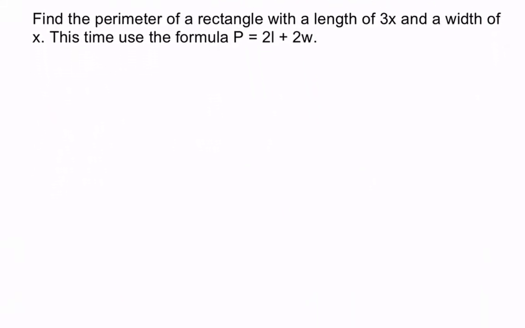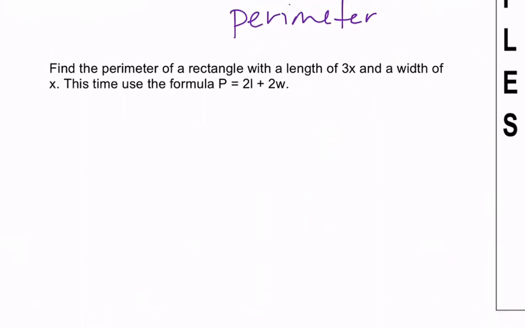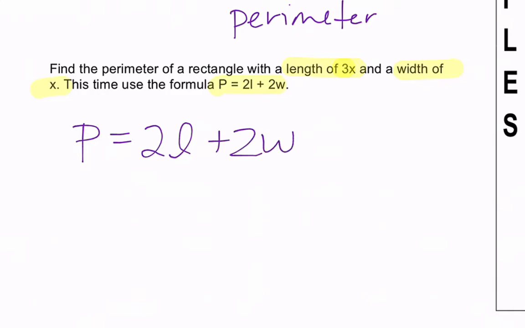All right, last one. Same idea. It's asking me to use the formula. Perimeter equals 2 lengths plus 2 widths. It's telling me that the length is 3x, and it's telling me that the width is x. So we're going to use that formula again. P equals 2L plus 2W, and we're going to plug in what we know. I can't plug in for P because we don't know it.